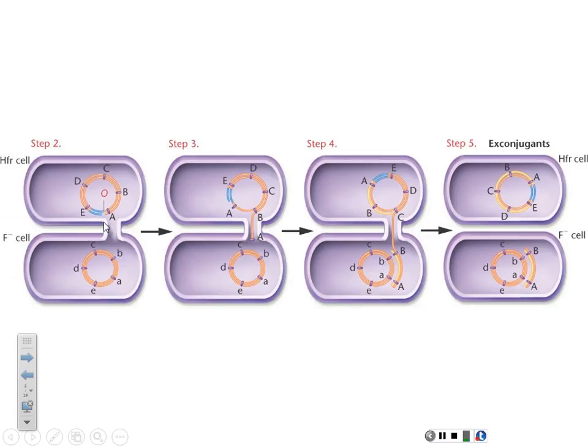The whole process to copy the entire E. coli chromosome in this kind of conjugational mapping takes somewhere between 45 and 60 minutes. And so if you stop the process at the beginning, you might only get, so here's where the F plasmid is integrated. They have it shown here as blue.